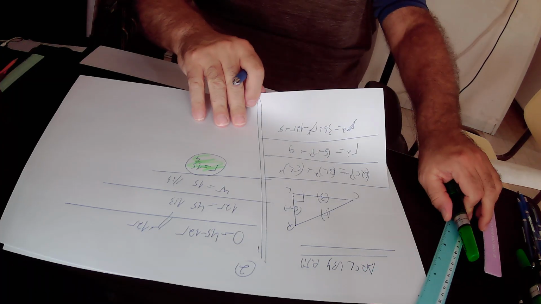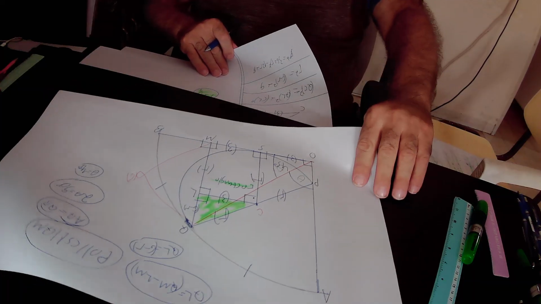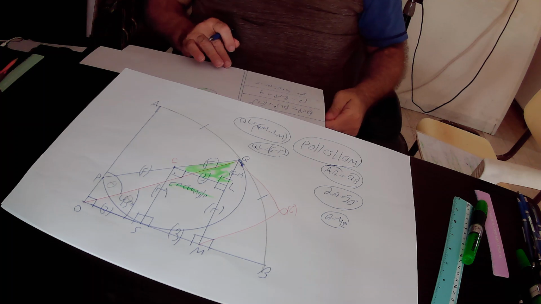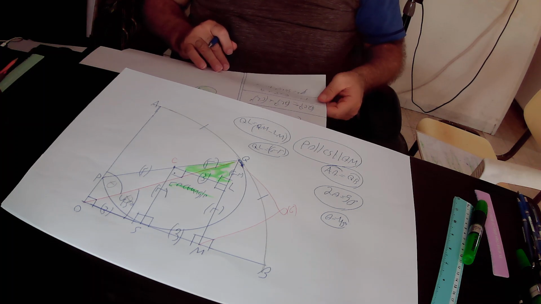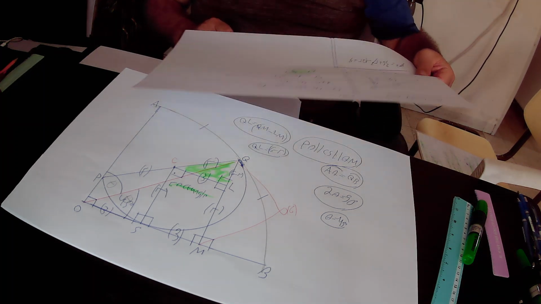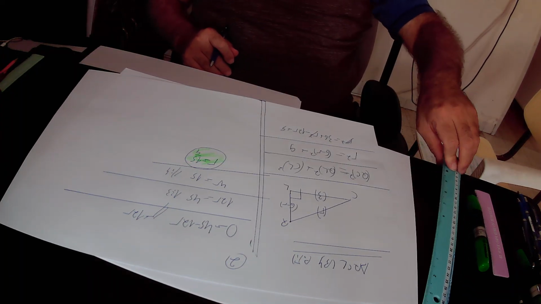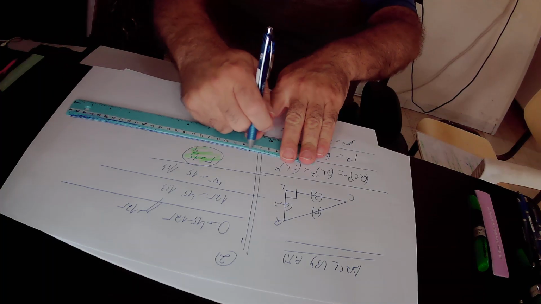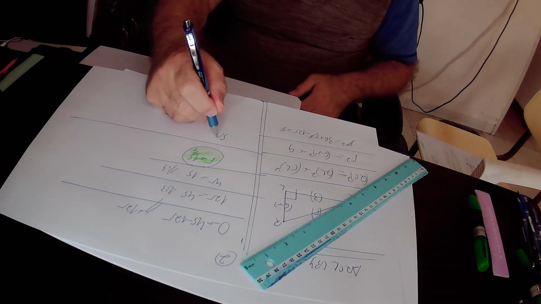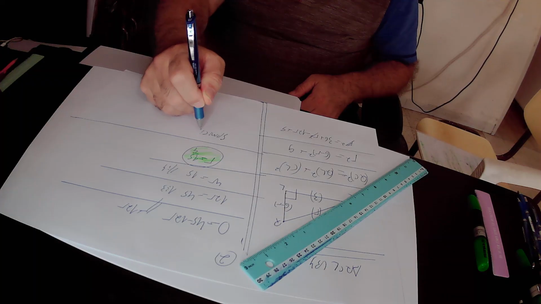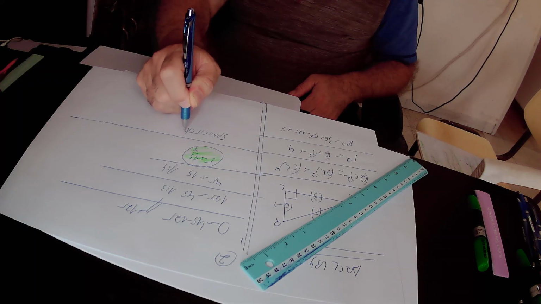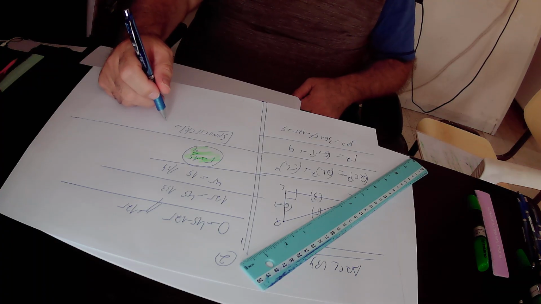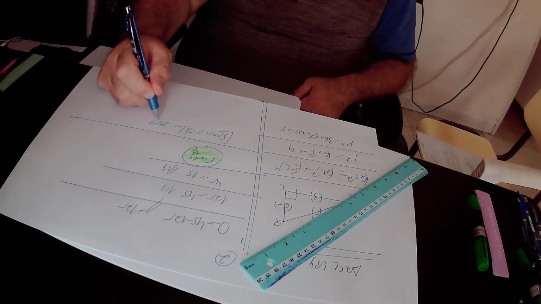Our task is to find the area of this semicircle. You know that the area of any semicircle is equal to half the area of the circle, that is pi r squared over 2.